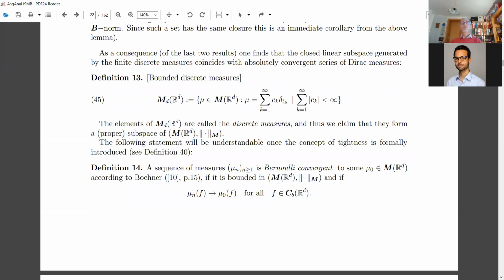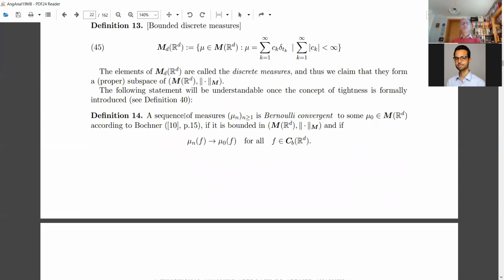And then therefore we have to discuss in some detail the convergence. One of the convergence schemes which I want to just mention at the moment is so-called Bernoulli convergence. So this term comes from probability. So a bounded measure mu0 is the limit of a sequence of measures if whenever you apply these bounded measures to any bounded continuous functions.